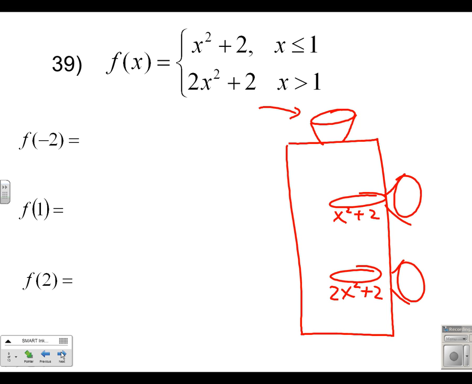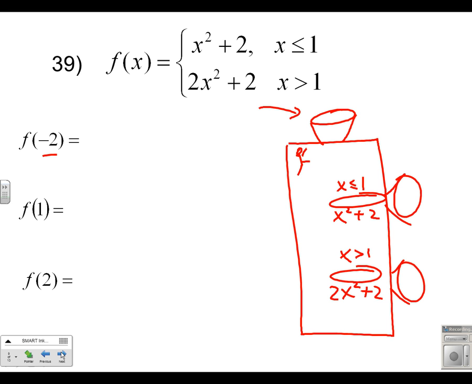So in my mind, I'm seeing a little elf here in charge. And first thing this elf is doing is determining whether the value is bigger than 1 or smaller than 1. If it is smaller than or equal to 1, we go here. If it is greater than 1, we go down there.